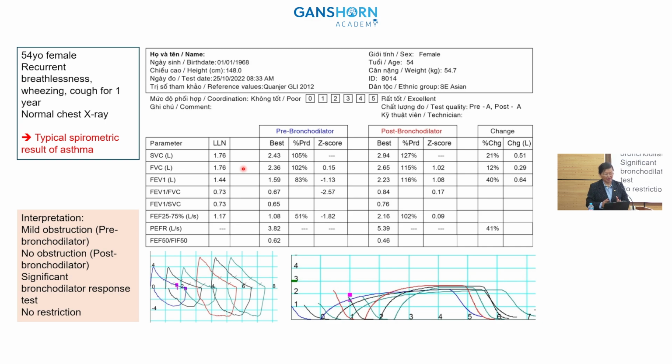So with this, we confirm that this patient has asthma. If there is a chest X-ray, and the history of the patient also confirms that. With such a typical asthma, we do not need to go to the plethysmography. It is enough.